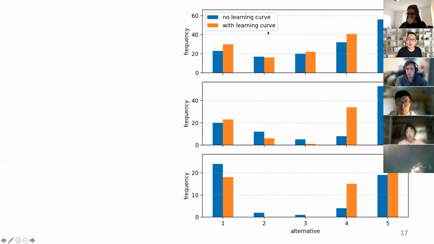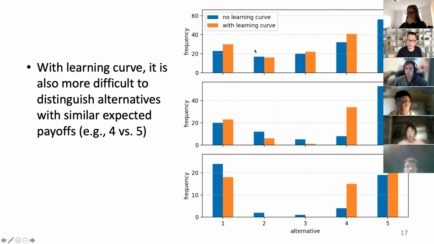So these are the distribution of the outcome over time. This is the first 10 periods, and then the second 10 periods, and the last 10 periods, right? What we can observe is the difference between these 2 treatments, at least towards the end.